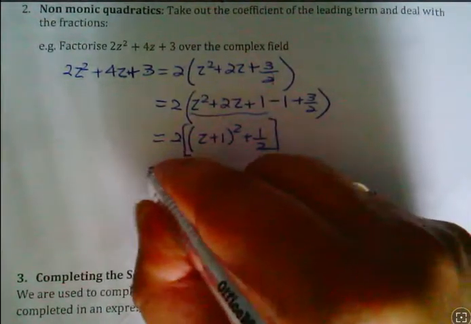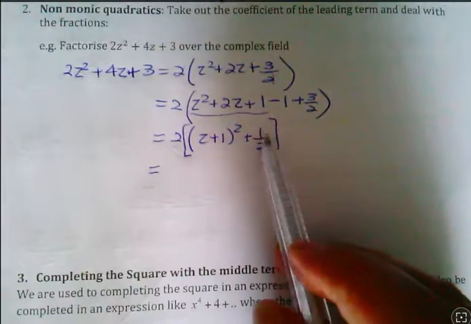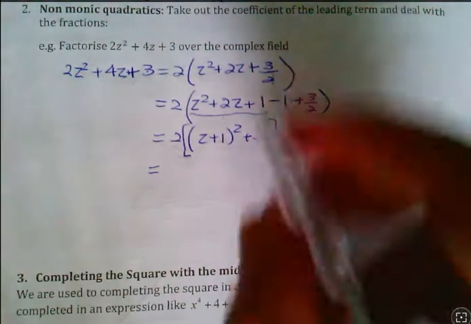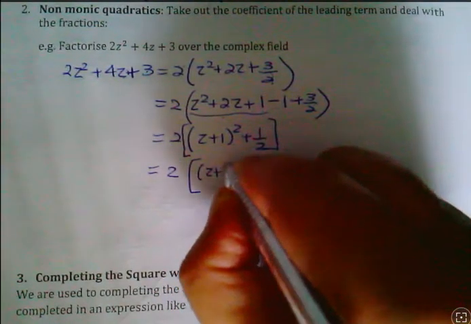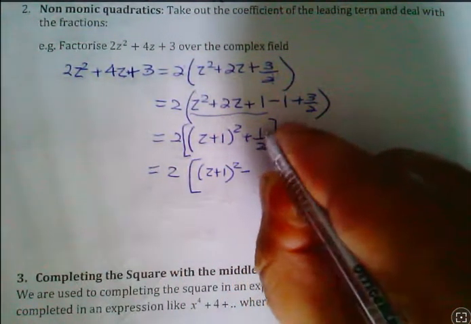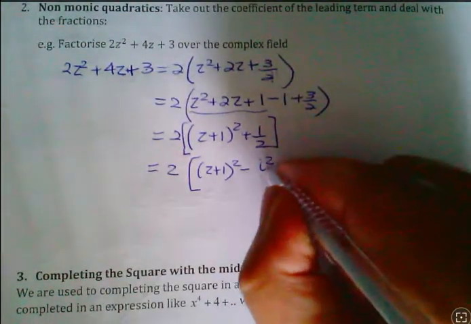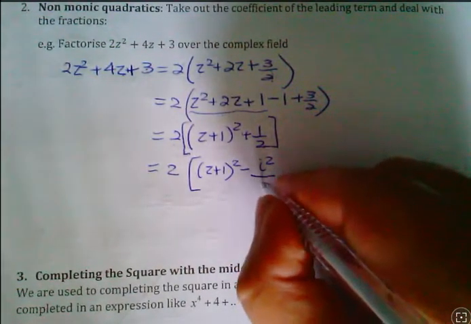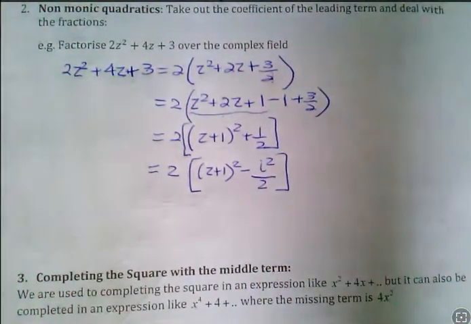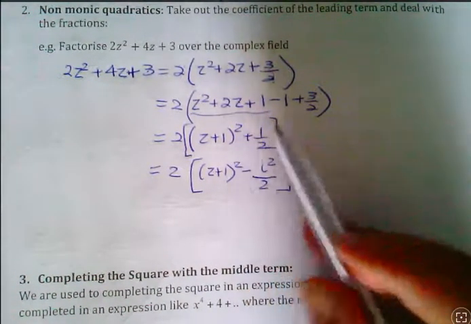Now, I can write half as a square number, I can write it as 1 on root 2, but I need a difference of two squares, so I've got 2 bracket z plus 1 squared minus, if I write it as negative i squared over 2, it's now a difference of two squares, because i squared is negative 1, negative 1 is positive 1.